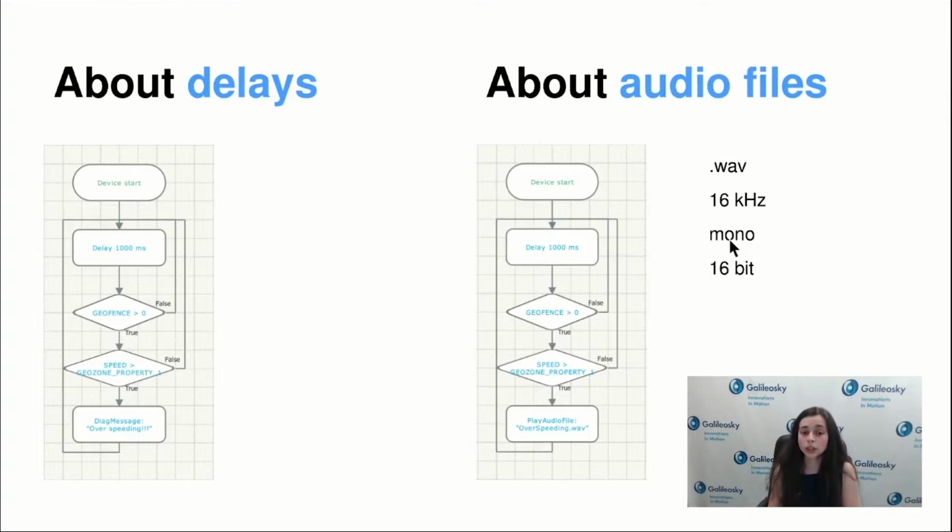It should be mono, 16-bit, and please don't forget to put the extension in the name of the file. So overspeeding.wav should be written inside the algorithm. If you just write overspeeding, the device will not find it on the microSD card. And remember to put the microSD card inside the device. I very often forget to do this. That's why I'm talking about it.